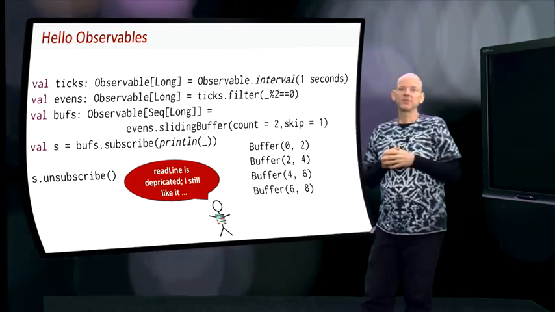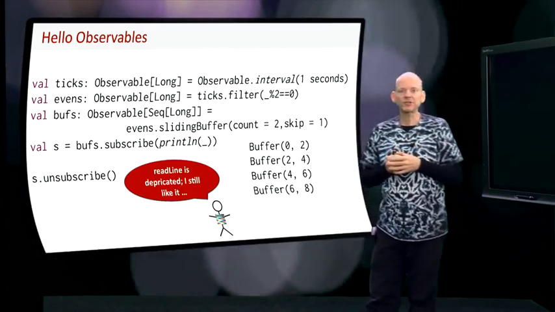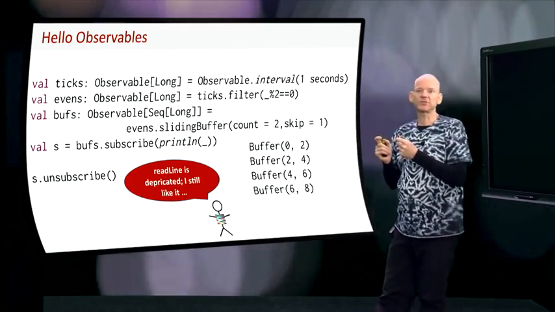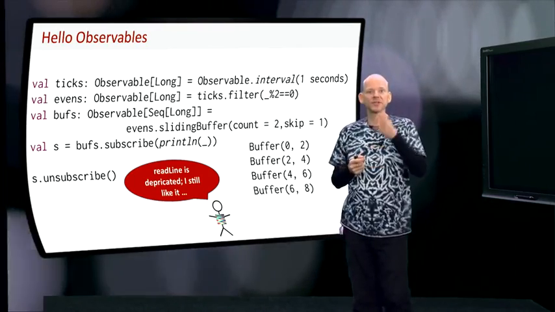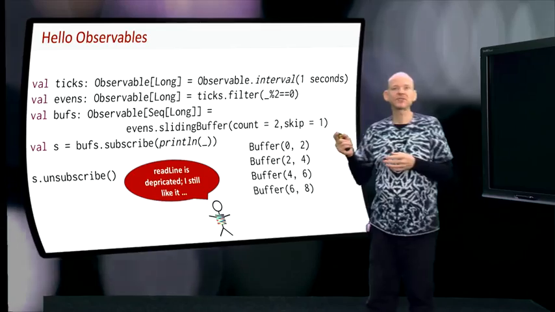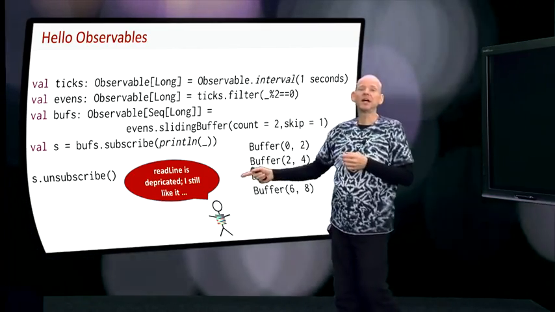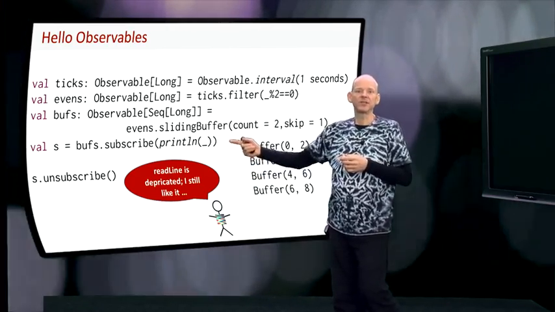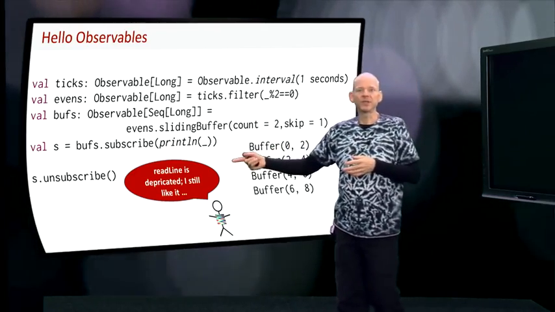And for that, we have the operator sliding buffer that takes 2 parameters, the count, so that's the length of our buffer, and then how far to skip. And we're going to subscribe to the result of buffering that stream into chunks of 2 shifted by 1 by just doing a print line, and then we do a read line in between there, and then we unsubscribe.